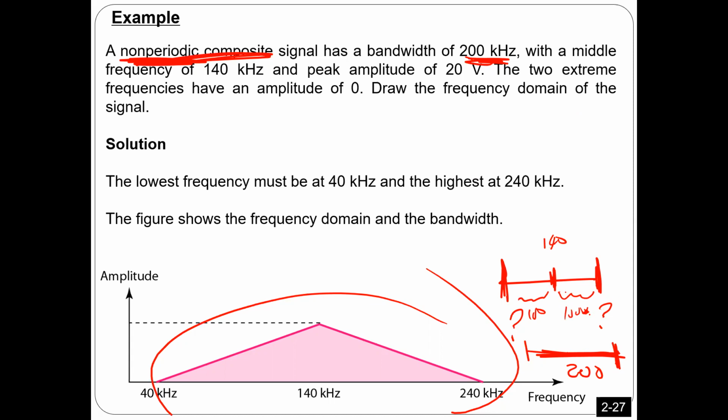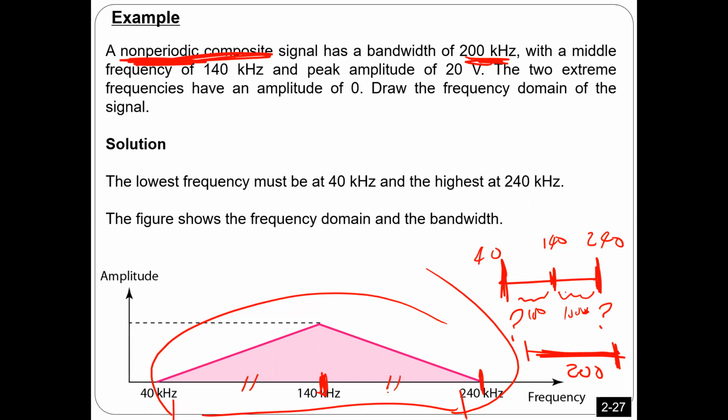So 140 plus 100, this one should be 240, and 140 minus 100, this one should be 40. So he's giving me the middle and the bandwidth, and because this is the middle, I know this one is 100 and this one is 100.